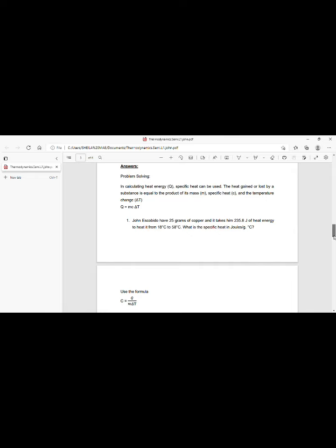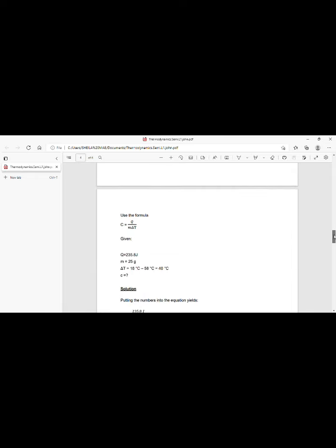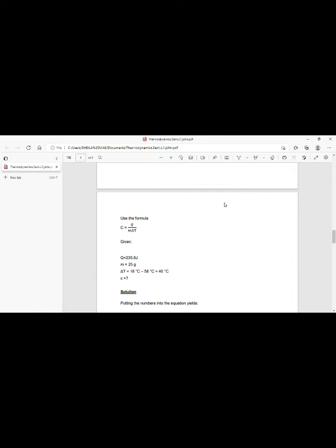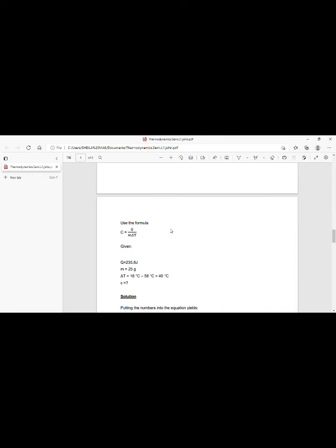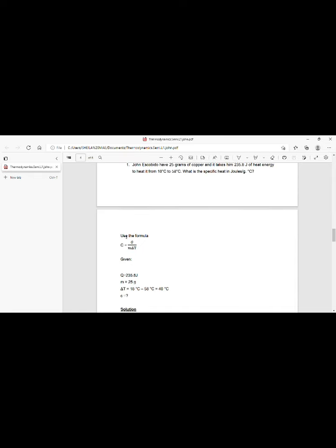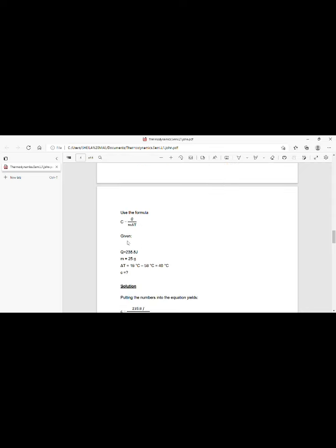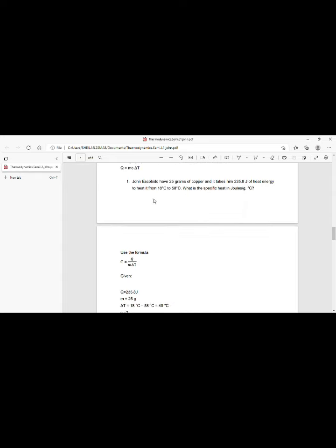Okay, our formula that we're going to use is C equals Q over M delta T, because the missing here is specific heat. C stands for the specific heat and we will be going to find it. The given here is the heat energy, which is Q equals 235.8 joules, as you can see in our problem here.